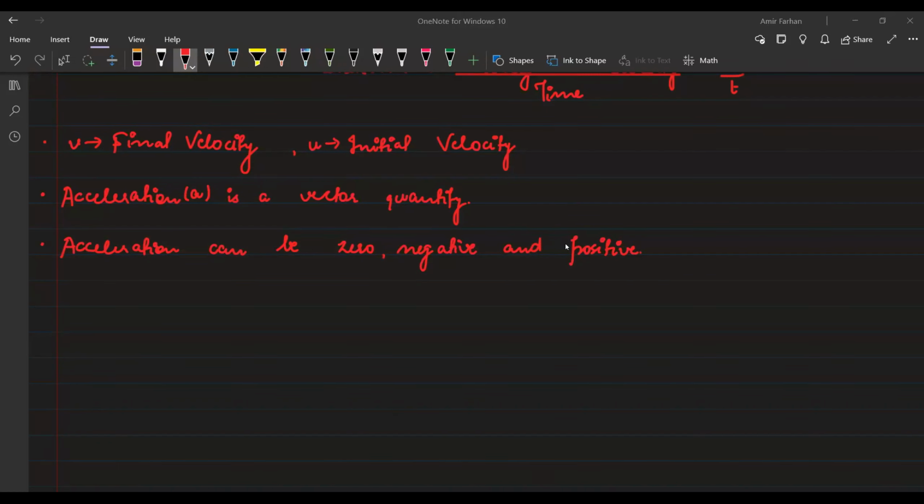Right? And the SI unit for acceleration is meter per second square.